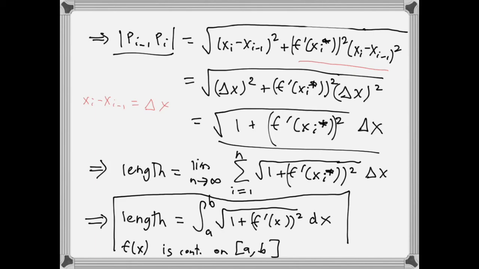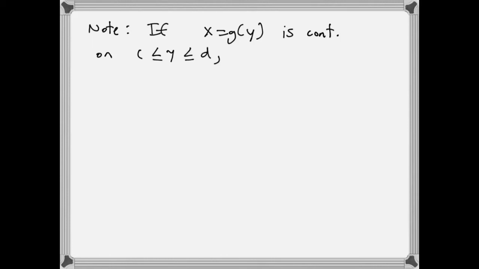Okay, so note, what if instead x is equal to g of y, and this is continuous when y is between c and d?